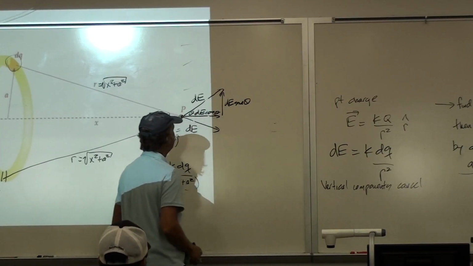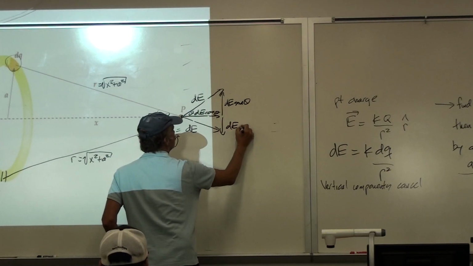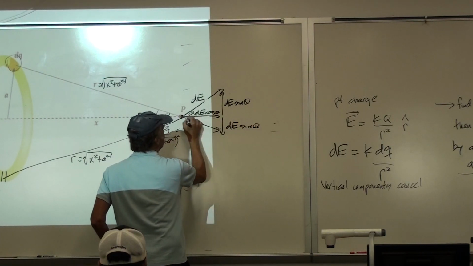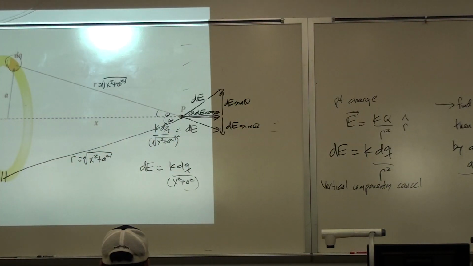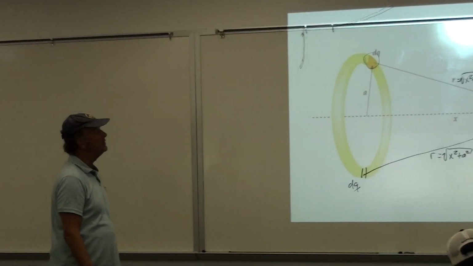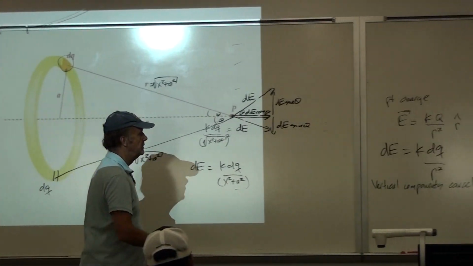This is just our normal vector decomposition. Same deal down here, dE sine theta and dE cosine theta. So we see that the dE sine theta components cancel and the dE cosine theta components survive.